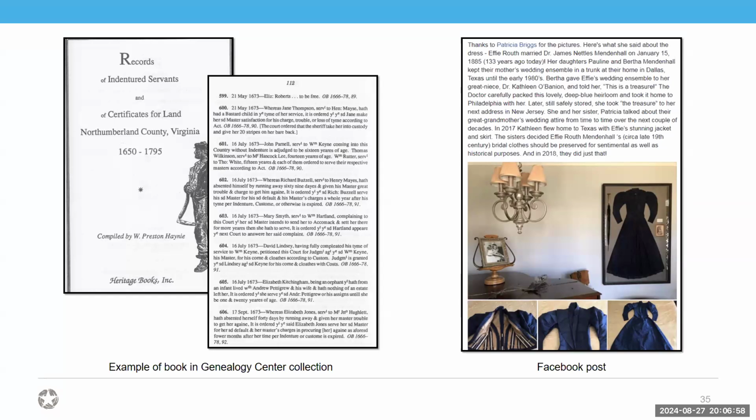And then on the right is a Facebook post about a wedding ensemble from the late 1800s. That has names, dates, locations of marriages, children's names, great niece, current people as well. You don't think you would find all this information on Facebook, but there you do.